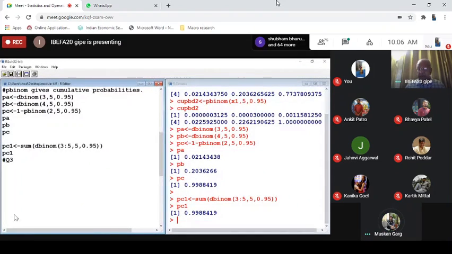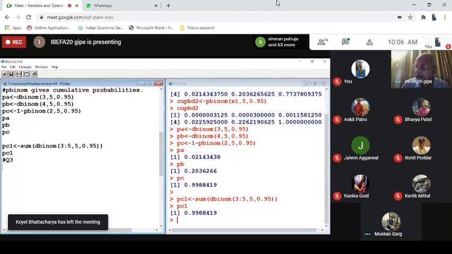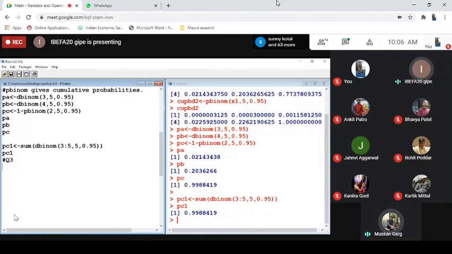Sir, I have one question before you move forward. Can you please explain PC1 once again? Why have you written 3:5? What does PC1 suggest?